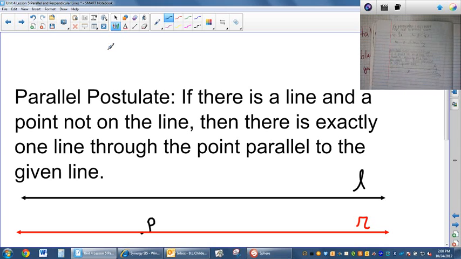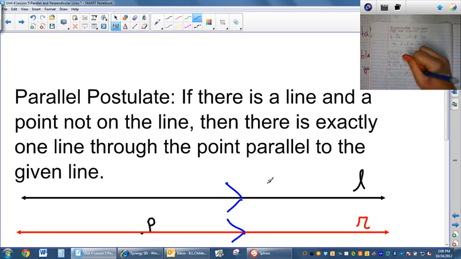Yeah, put those little arrows up. So, okay, there's the symbol for parallel lines, which is the sideways line.